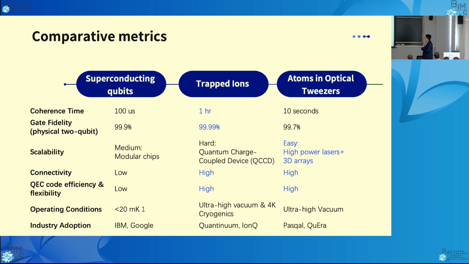Now, you might have heard a lot about superconducting qubits. They've made lots of progress in the past 10 years, and the gate fidelity has in fact increased a lot in recent years.